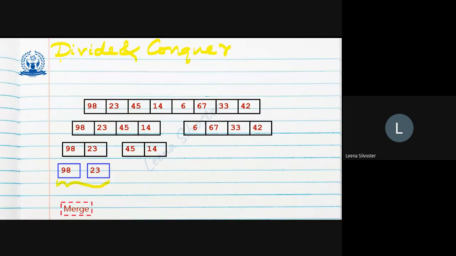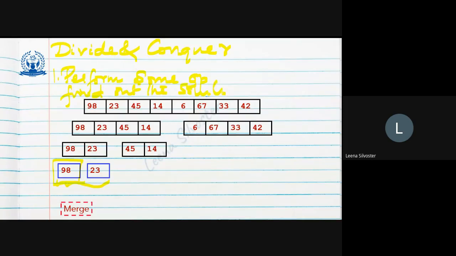So first we will divide it. Division is performed recursively on this set of numbers. After that we will get the smallest sets. Then the next stage is we have to perform some operation. Performing some operation means we have to find the solution.